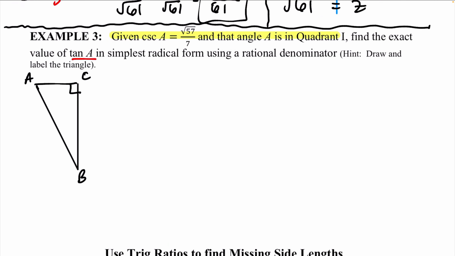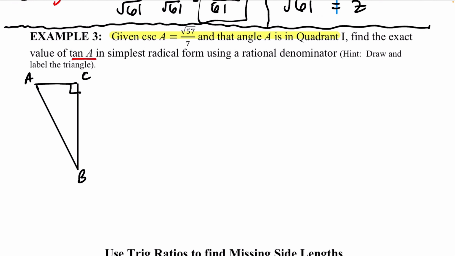So our given information says the triangle you just drew has a cosecant that's equal to that. So remind me again, what is cosecant? What is the relationship of cosecant? Hypotenuse over opposite. Hypotenuse over opposite. So that means the square root of 57 is the hypotenuse.